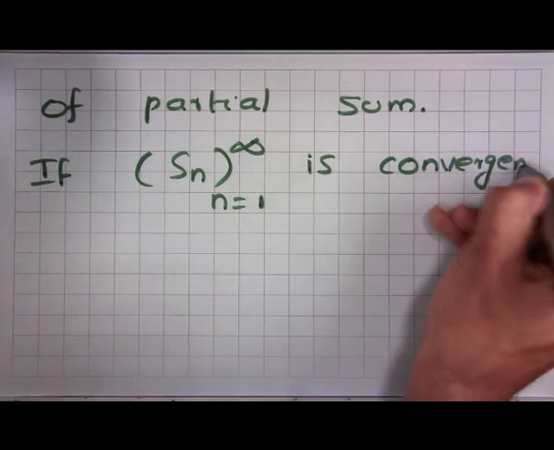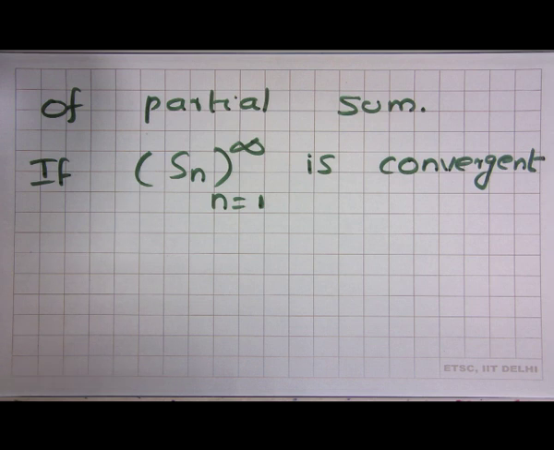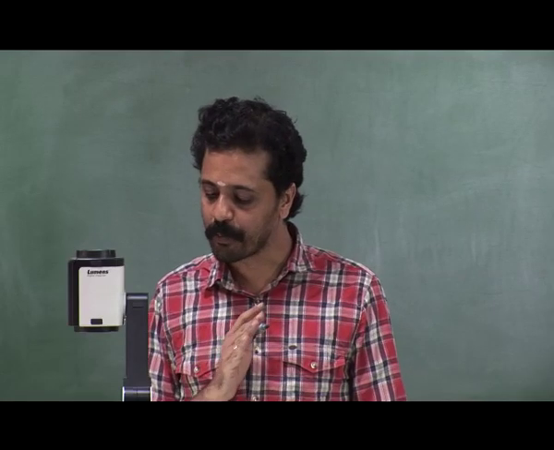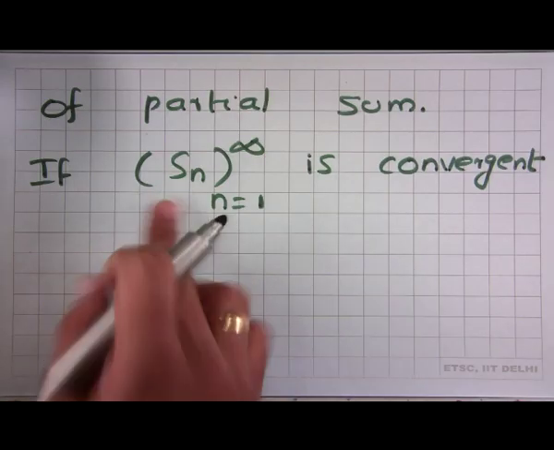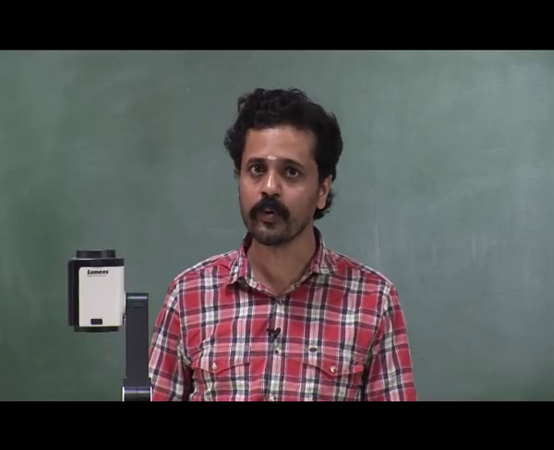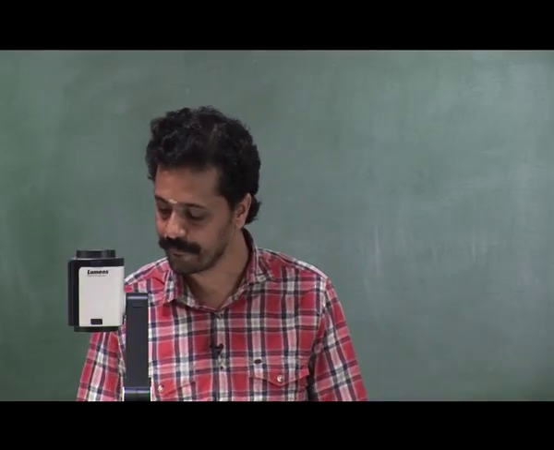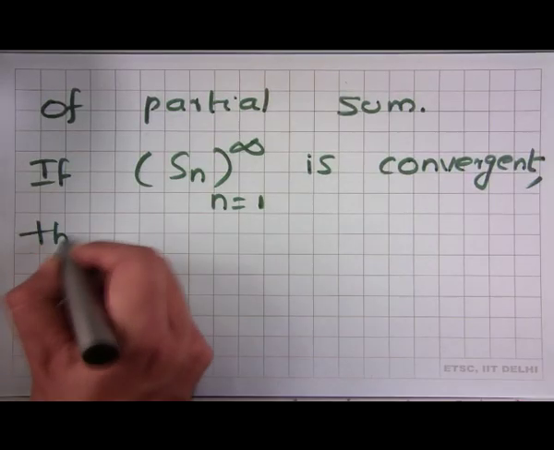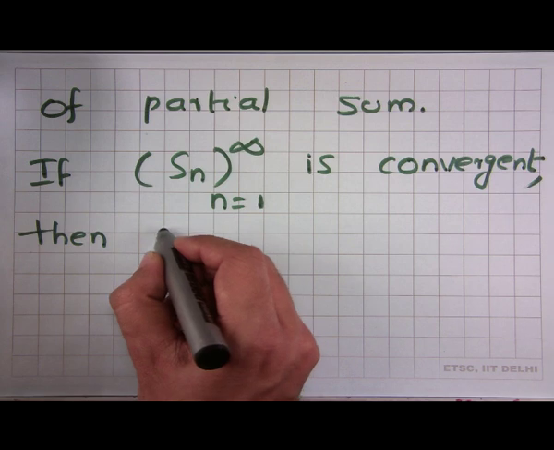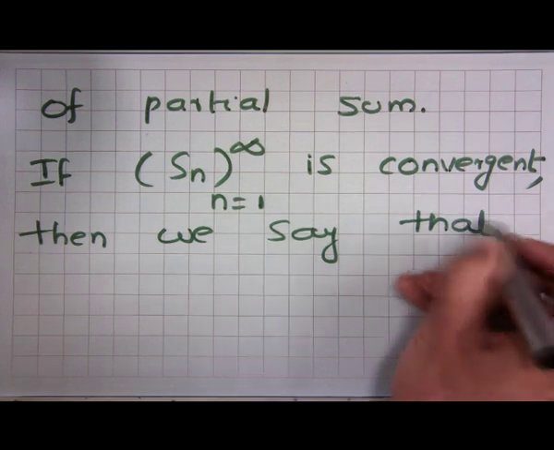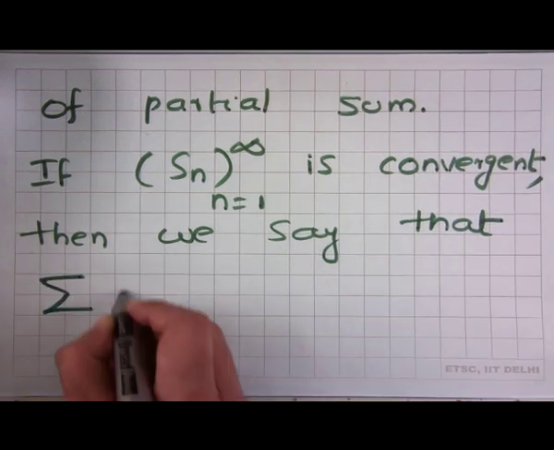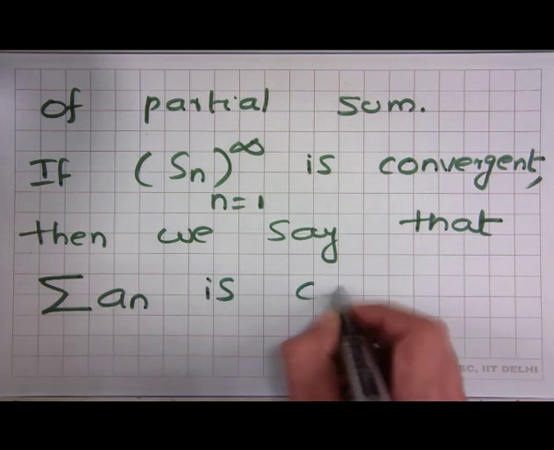that is, if there exists a real number capital L such that as you progress towards the end of the sequence Sn, the terms are becoming close enough to this L, then we say that summation An is convergent.